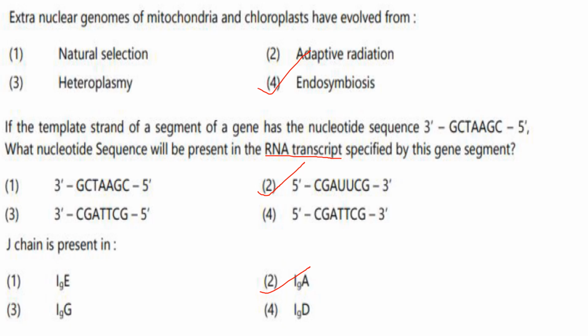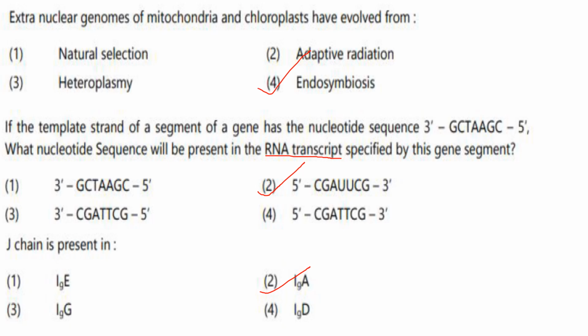So if you see option 2, CGAUUCG is the correct answer. Even if you don't know the complementary sequence, if you see the other options, everywhere T is present, not U. So those 3 options are not correct.